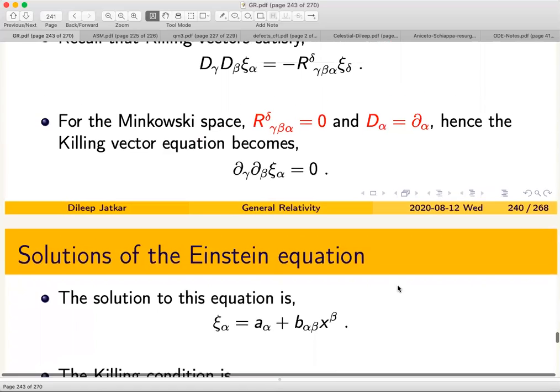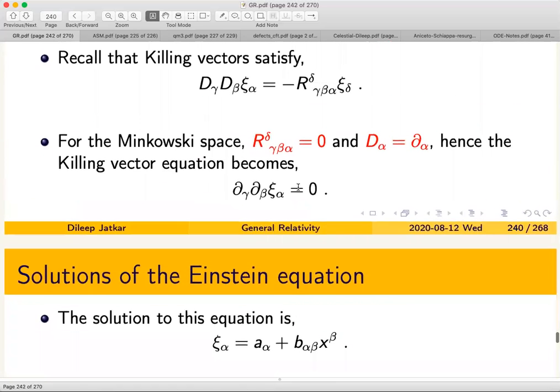Now, notice one thing: of course, this computation is being done locally. So it doesn't really matter how complicated the Minkowski space metric could be in some bad choice of coordinate system. But if you want to do a global computation, you may have R equal to 0, but you may have to put a connection piece inside these covariant derivatives.